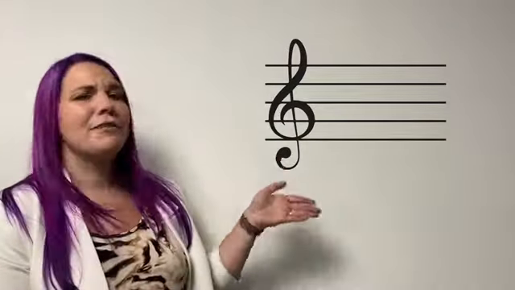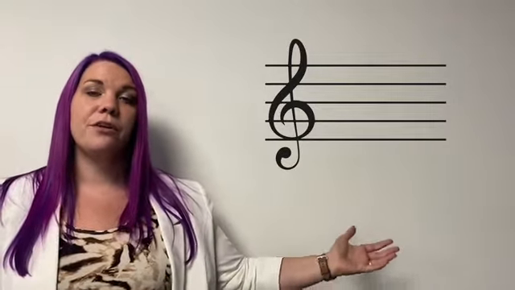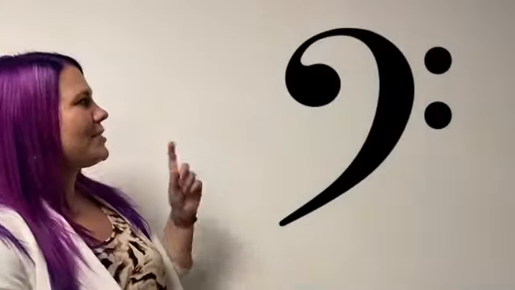When you play something like a piano that has a huge range of notes, there's not enough spaces and lines in here to really give you the full overview of what a piano can do. And so for a piano, you need both the treble clef and the bass clef. The bass clef looks like this.